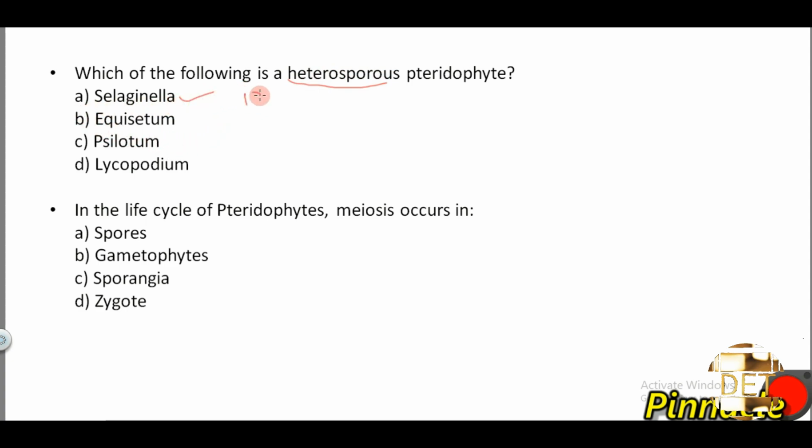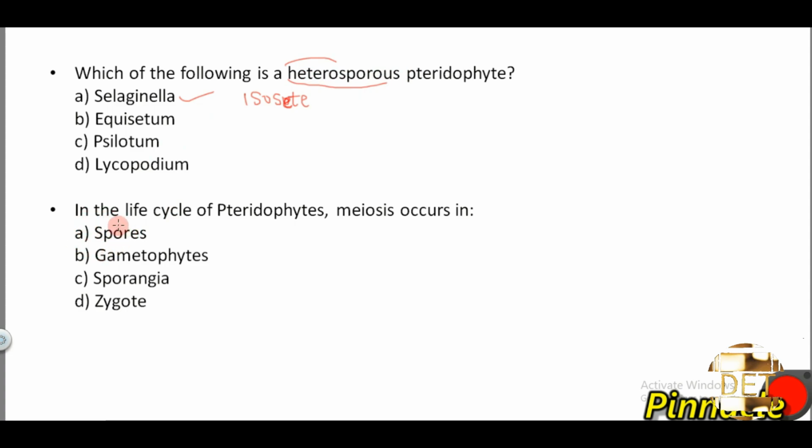Selaginella and Isoetes are examples of heterosporous pteridophytes. What that means is that they have different spores, spores of different shapes and sizes. So they produce heterosporous spores.